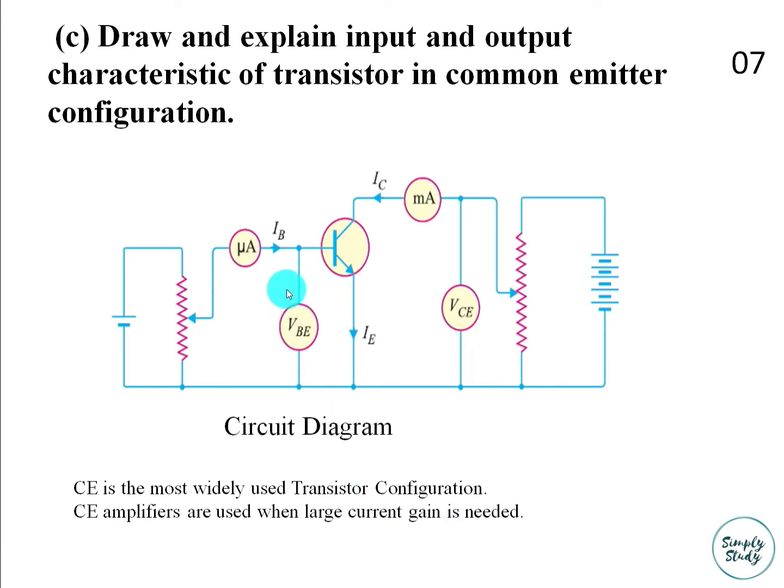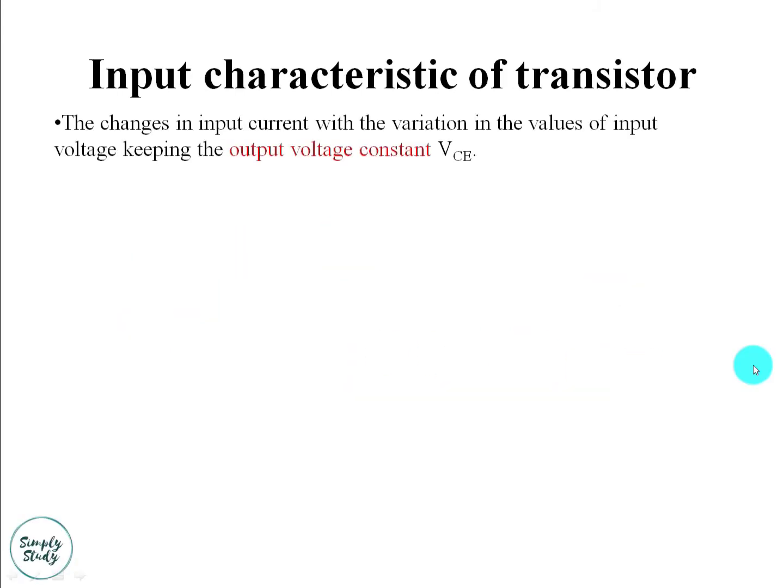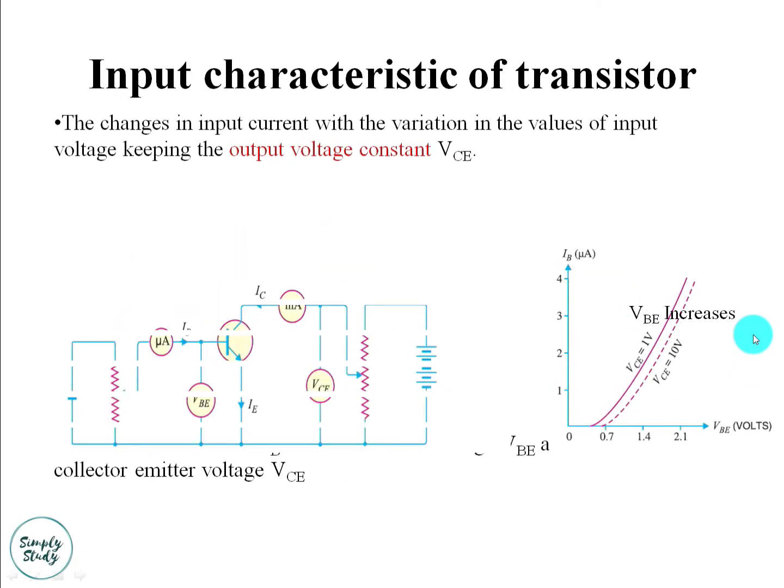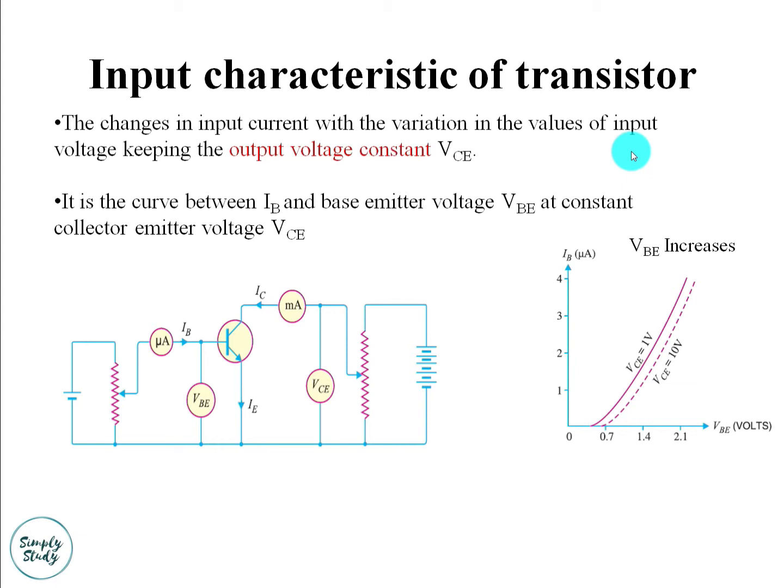The input signal is applied between the base and emitter terminals, while the output signal is taken between the collector and emitter terminals. The input characteristics describe the relationship between input current or base current and input voltage or base emitter voltage. The input current or base current is taken along the y-axis and the input voltage is taken along the x-axis.